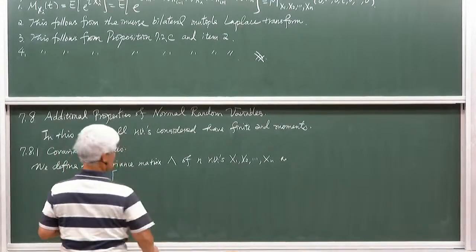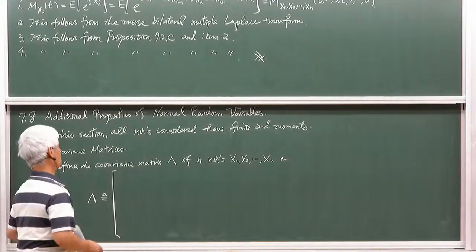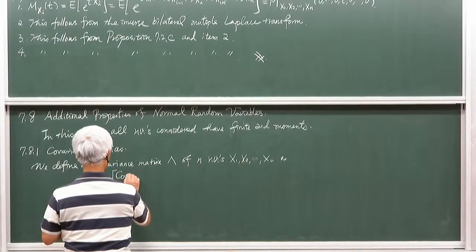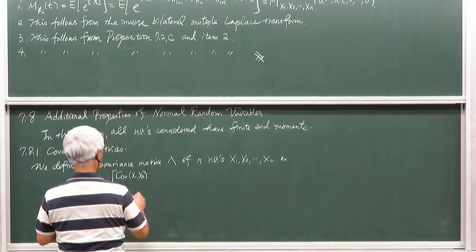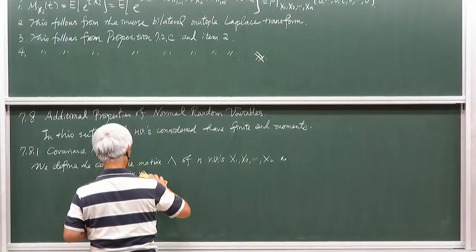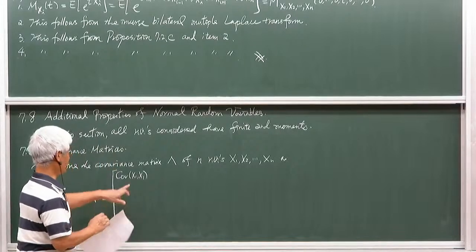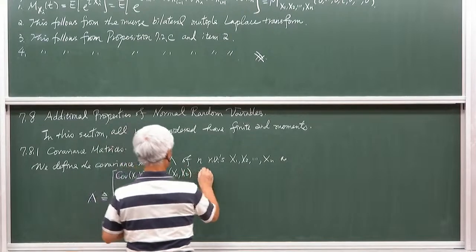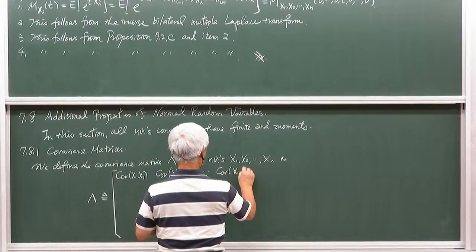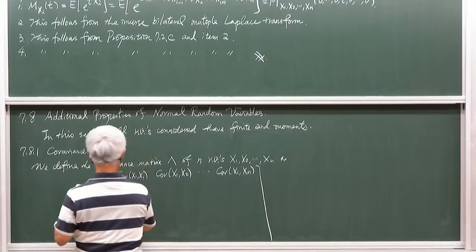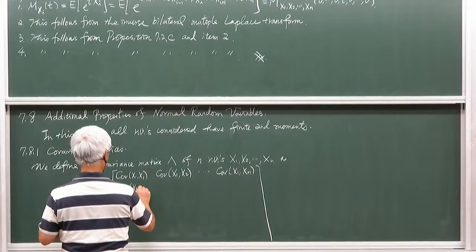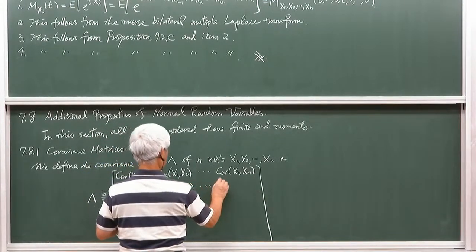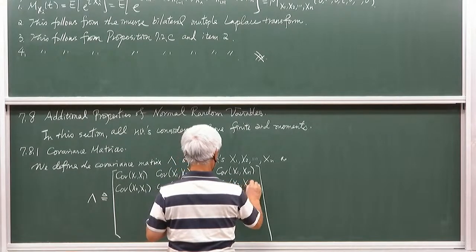So we just put all the covariances between these n random variables in a matrix. The first entry will be the covariance of x1 with itself, which is just the variance of x1, and then the covariance of x1 and x2, up to the covariance of x1 and xn. The second row will be the covariance of x2 with x1, the covariance of x2 with itself, up to the covariance of x2 with xn.